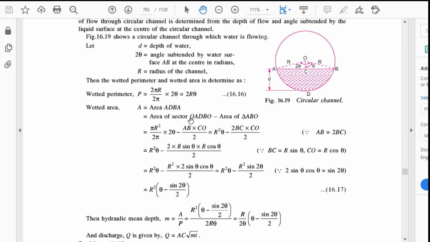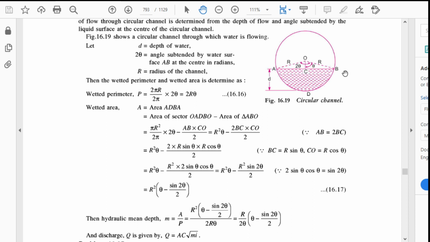OADBO is your sector. So the area of this dotted portion can be calculated using the area of this whole sector minus the area of this triangle. The sector is O A D B O, minus triangle OAB.